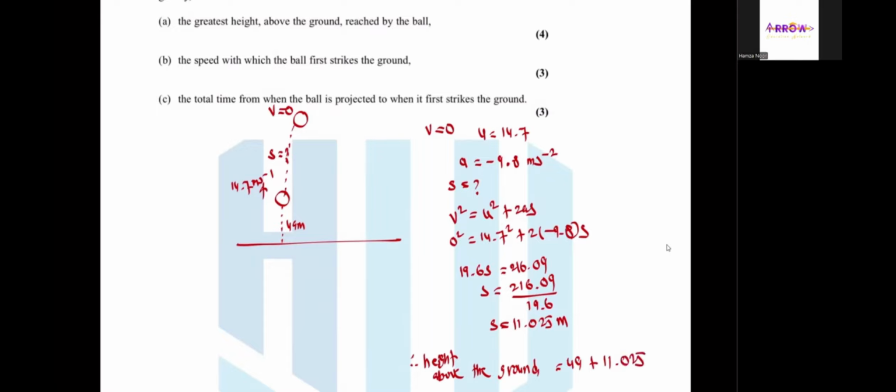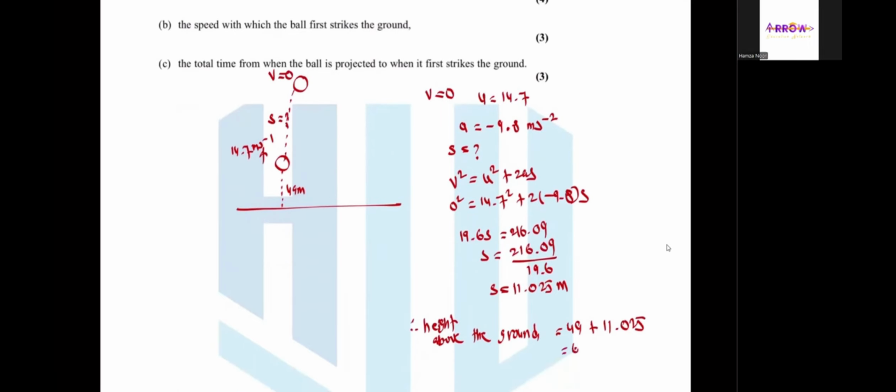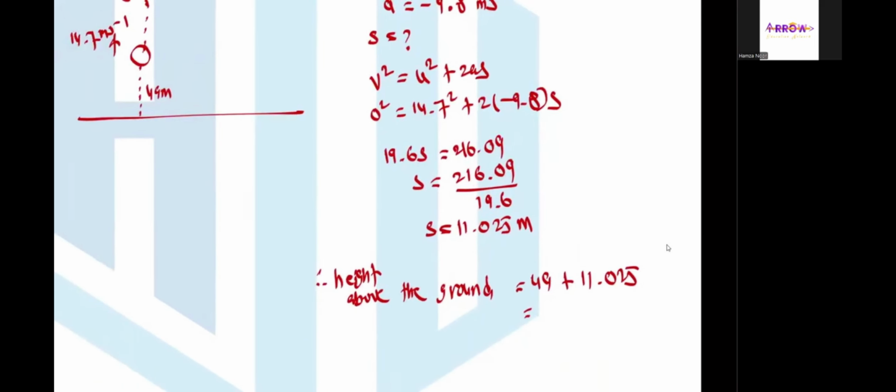How much is this supposed to be? This is 60.025. Okay, so in M1, either you can give your final answers correct to two significant figures or three significant figures.